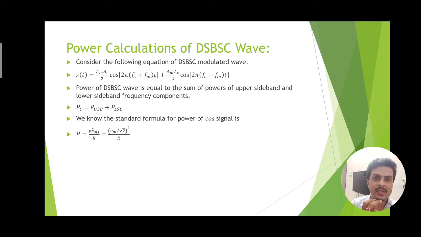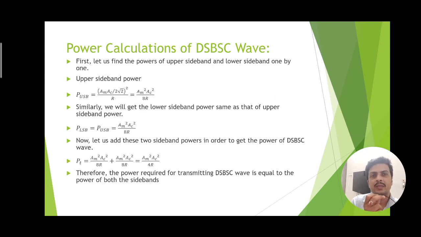If there is a resistance R present, then Vrms squared by R will be the total power. If we carry out the power calculation a little further, we can get separate expressions for the upper sideband power and the lower sideband power. Their summation provides the total power of the DSB-SC waveform.